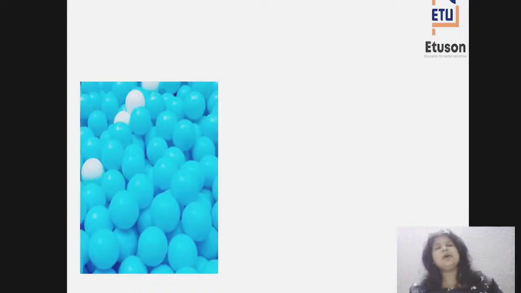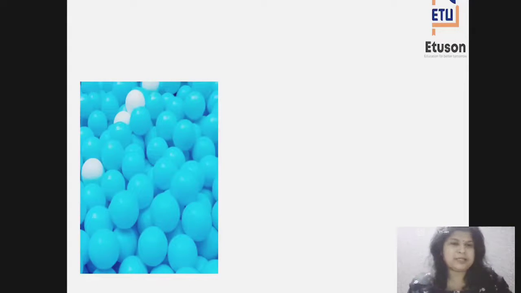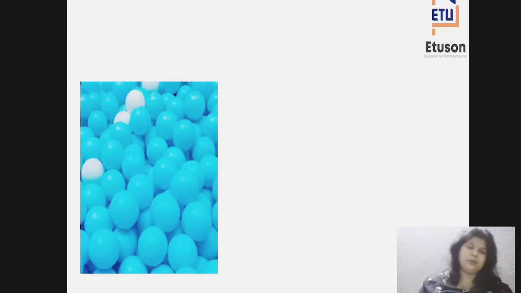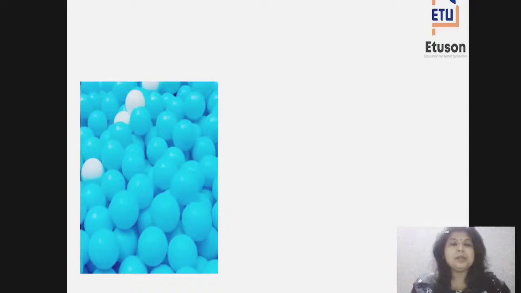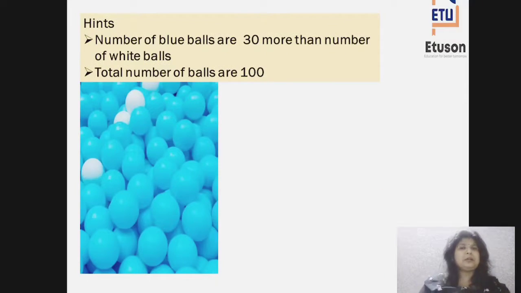Here you can see some balls. It is a combination of blue balls and white balls. Can you tell me the number of blue balls and white balls in the lot? I will give you this hint: the number of blue balls is 30 more than the number of white balls, and the total number of balls is 100.